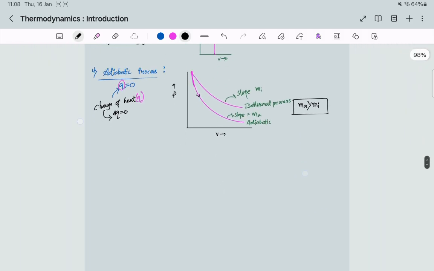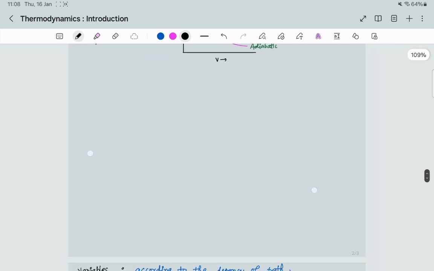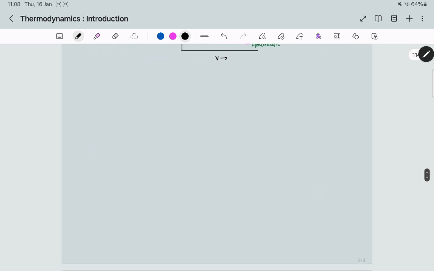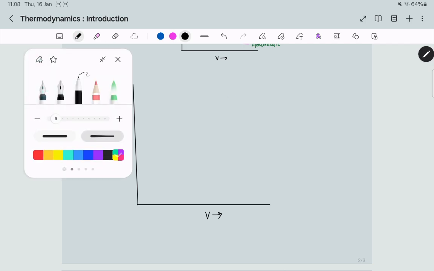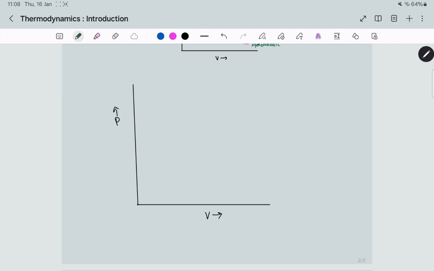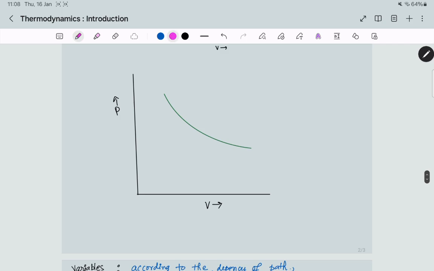So how to represent all the processes in a single graph? Let's draw it. The pressure and volume change we have taken. At first we are drawing for isothermal.